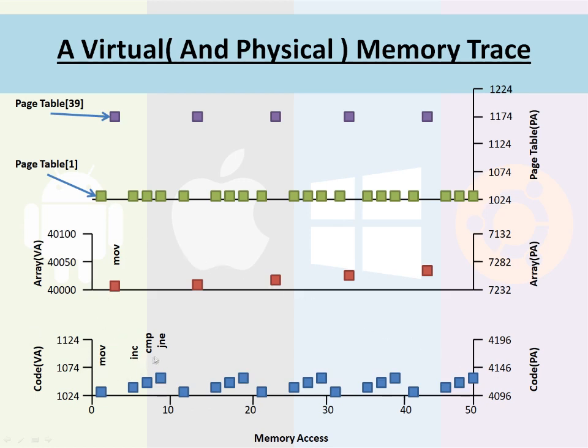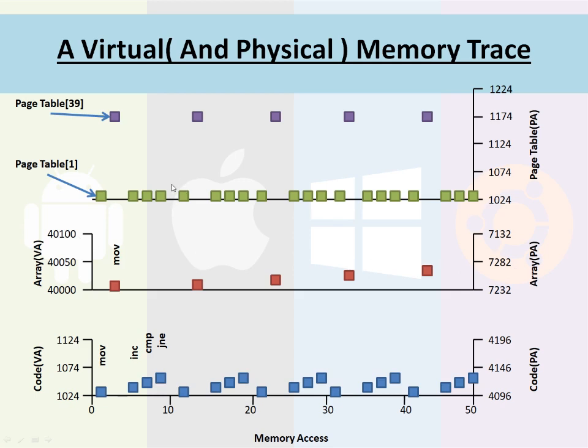If you're paying attention to the setup that I was doing beforehand, that's why these values are as they are. But again, it's more important that you understand how many different memory accesses are occurring. Now the middle graph shows the array accesses, again with virtual on the left and physical on the right.